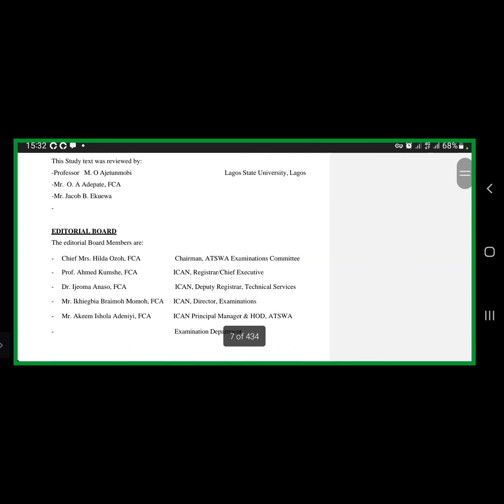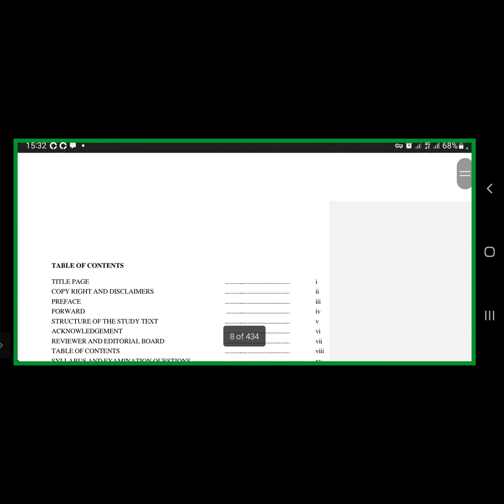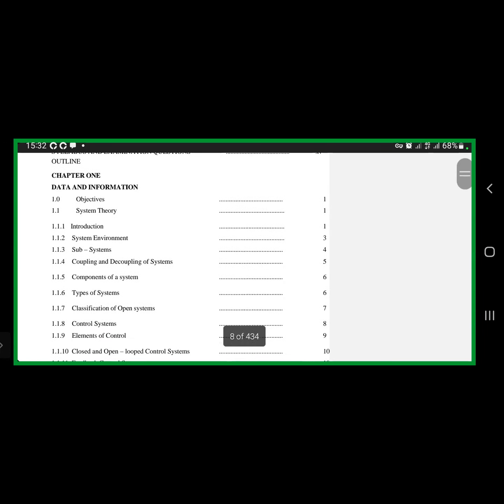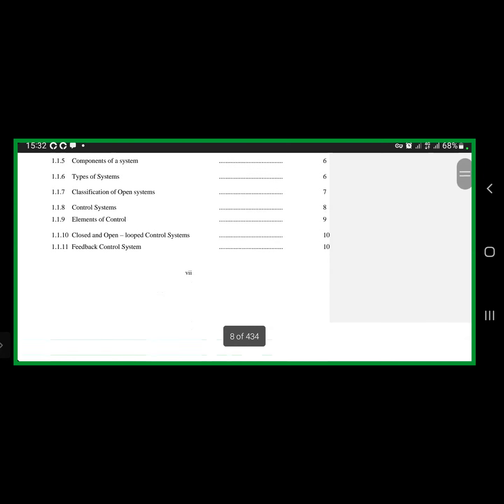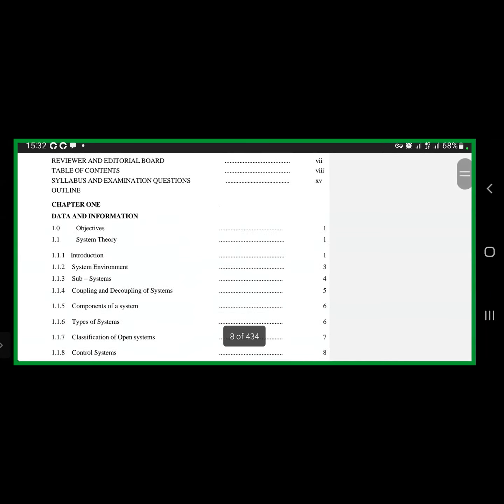I'm going to be taking this course from two views, the theoretical view and the practical view. I hope you will enjoy this course with me, and I promise to do my best in ensuring that I give you my very best, both from a theoretical and the practical aspect.